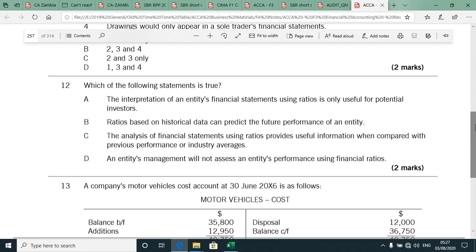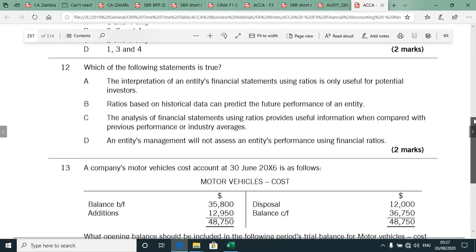Then C, the analysis of financial statements using ratios provides useful information when compared with previous performance or industry average. That's correct. Without comparisons, ratios are meaningless. And then D says an entity's management will not assess an entity's performance using financial ratios. They will. I'd like to go for C.